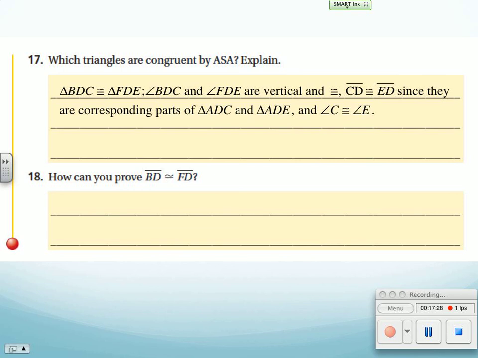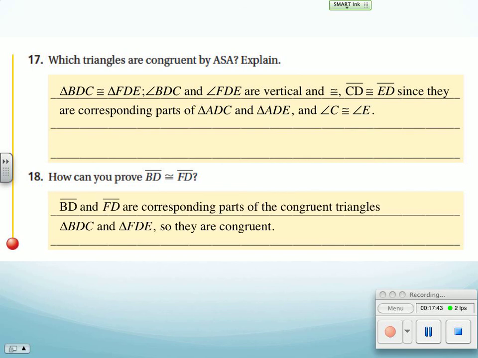Segment CD is congruent to segment ED since they are corresponding parts of those two triangles, and angle C is congruent to angle E. So how can you prove that segment BD is congruent to FD? They are corresponding parts of congruent triangles BDC and FDE, which we've already proven to be congruent by ASA, so they are congruent.